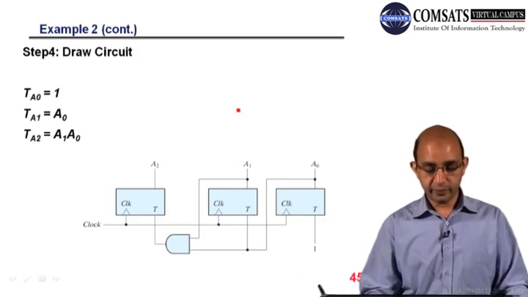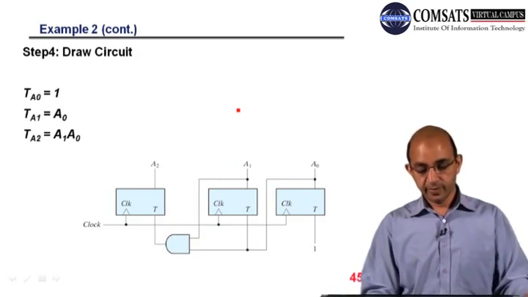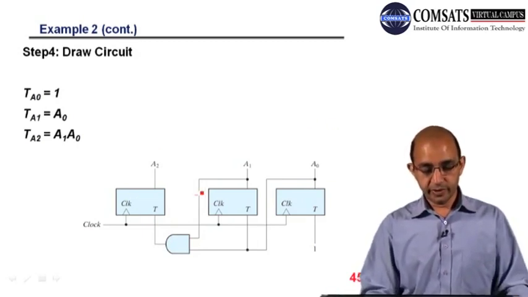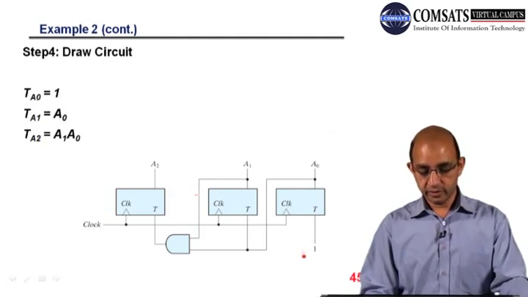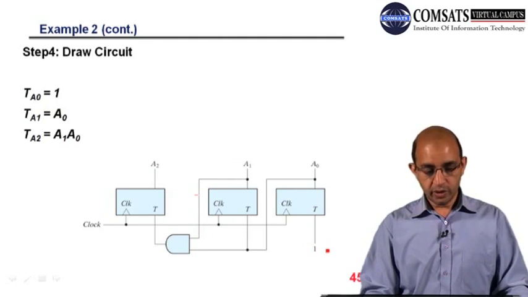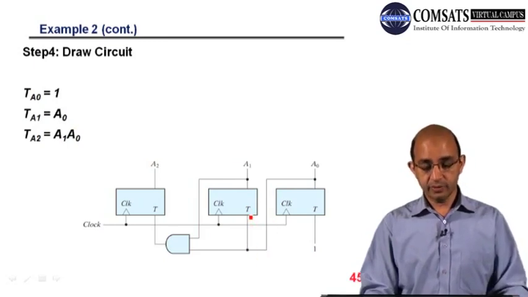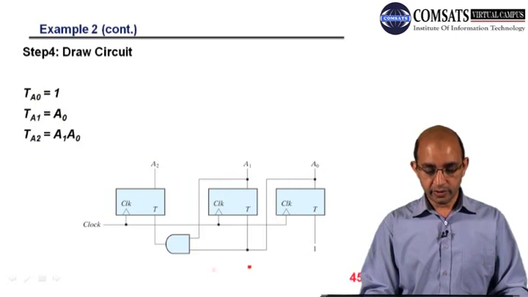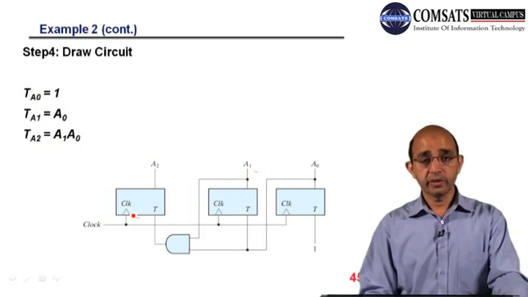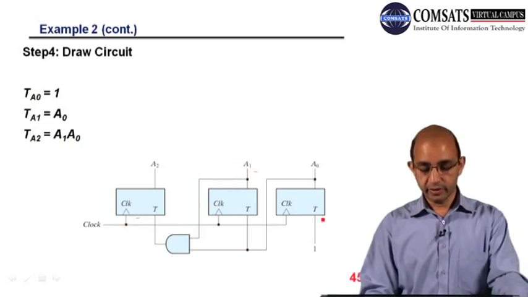As I have mentioned, we have to use the T flip-flop, so you can see that this is TA0, 1 TA1. So TA1 A0, so this A0 is acting as an input to the TA1, TA2 A1 A0. So where is A0, and this is A1, and this is the clock for all the T flip-flops. So they are clocked with the same clock.